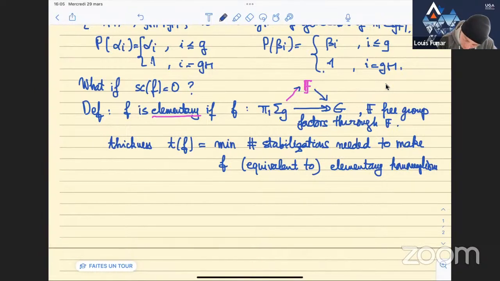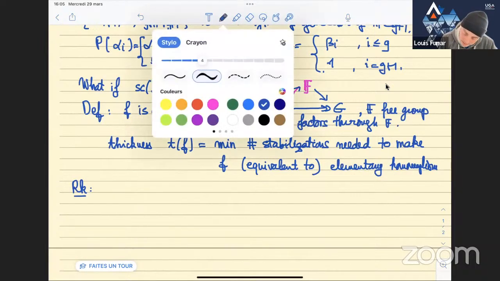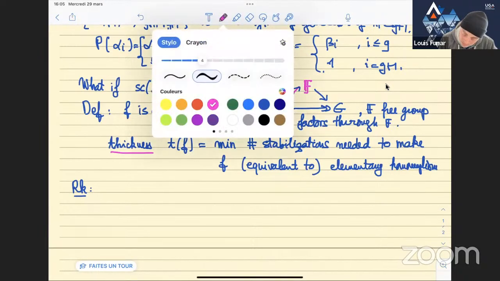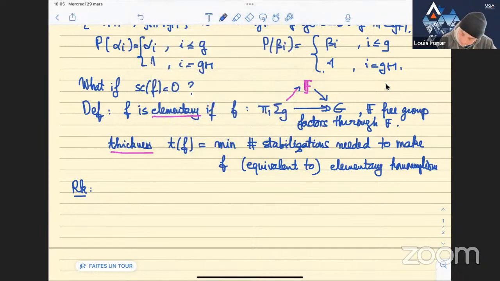So first remark, just to say that a priori the definition and the discussion are not entirely trivial. There is a nice result by Reznikov, I think in 97.